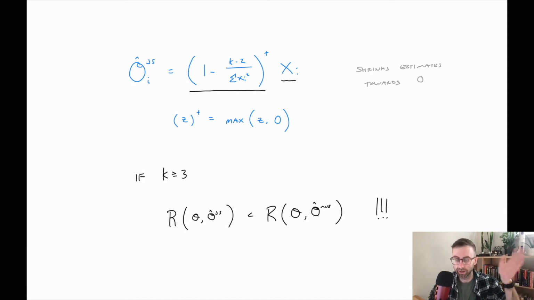But with k 3 or above, it's inadmissible because the James-Stein estimator produces a lower risk than the MLE. That is a shocking result if you think about it. So, through this cleverly derived expression, we're going to purposefully bias our estimates towards 0, and that's better than not doing the bias. So this is a huge result.